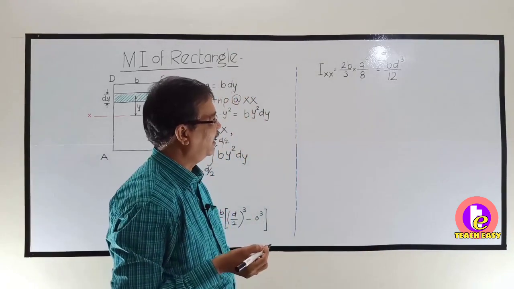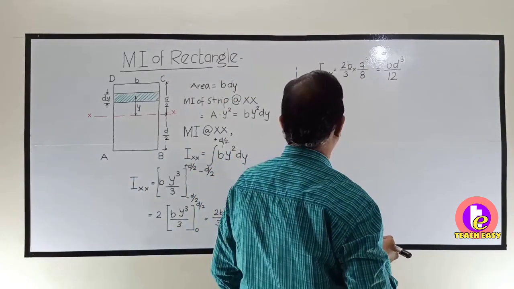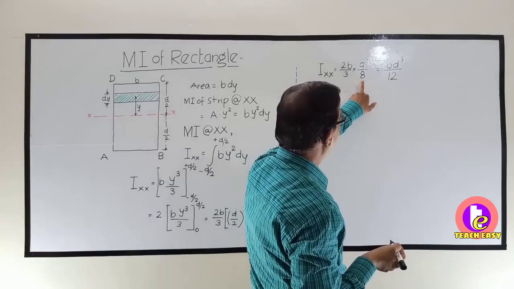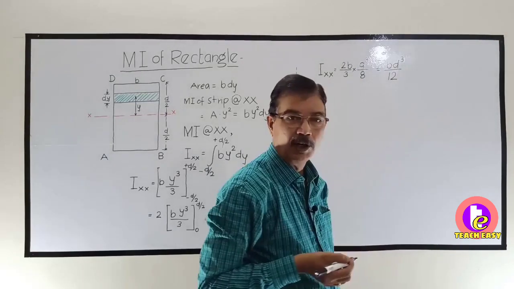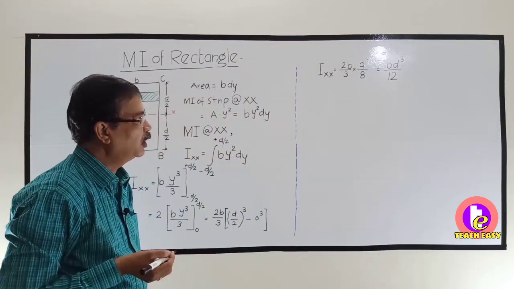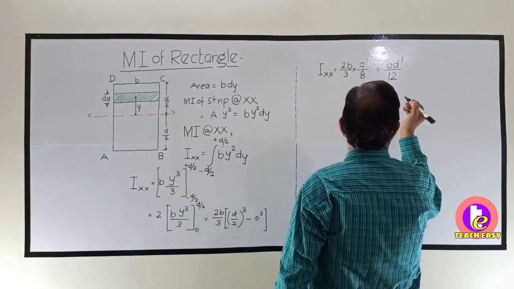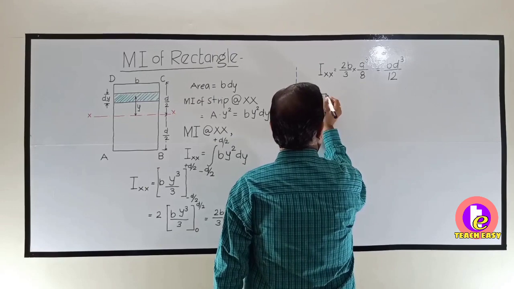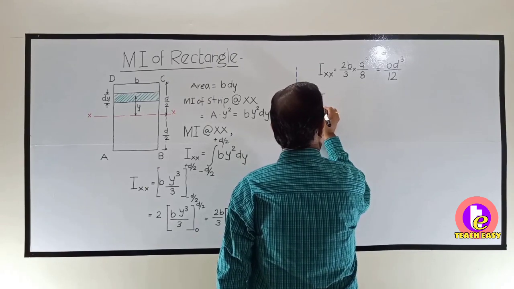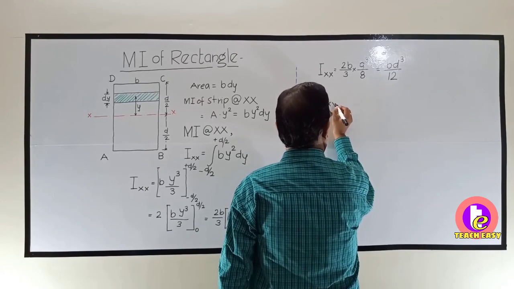So this is Ixx. Okay, 2 4s are 8, so 4 into 3 is 12. So it is bd cube by 12. So this is the moment of inertia of a rectangle about the horizontal centroidal axis.